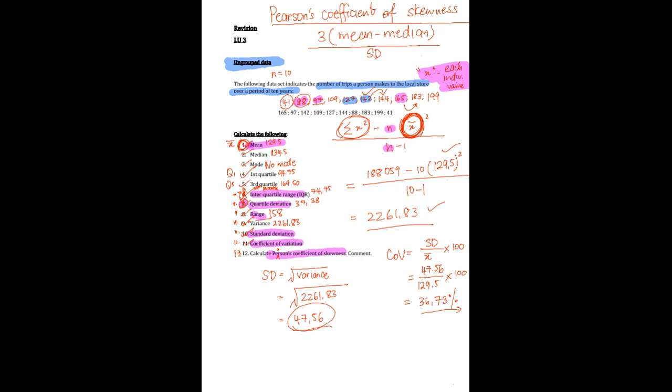So again here, this is one of those questions that requires answers that were already done for you. So I'm just going to erase here so I can write down the answer. Okay, so you're going to say it's 3 multiplied by your mean was in question 1, the 129.5.